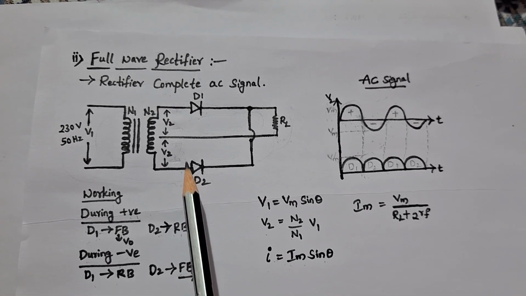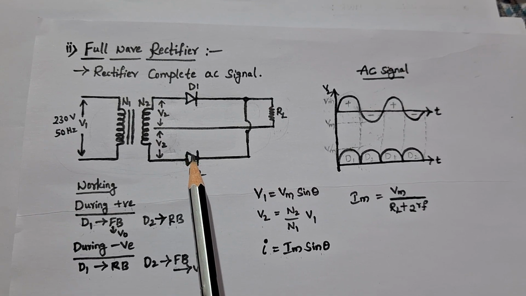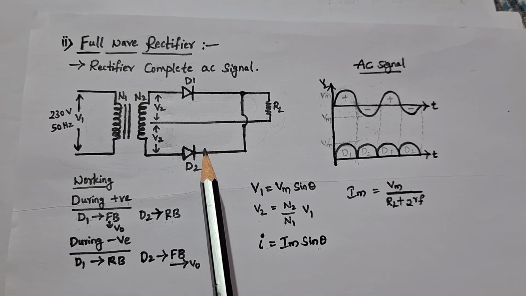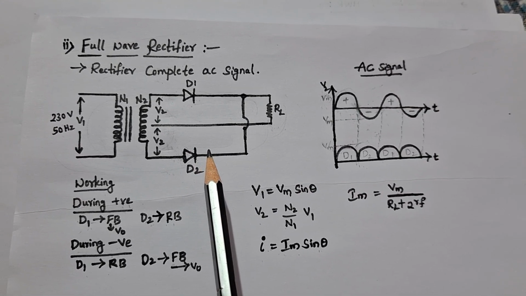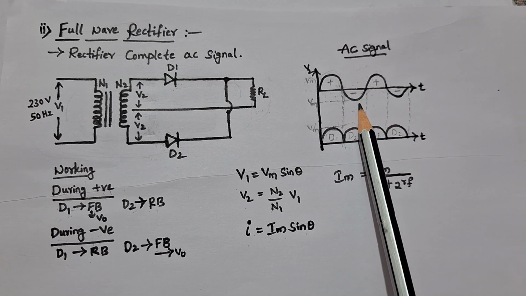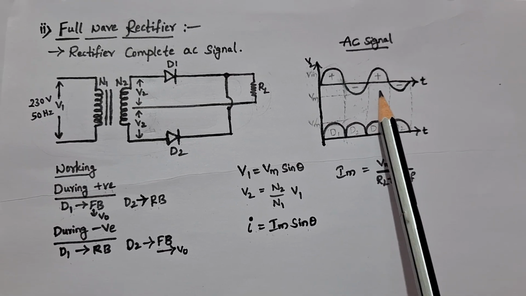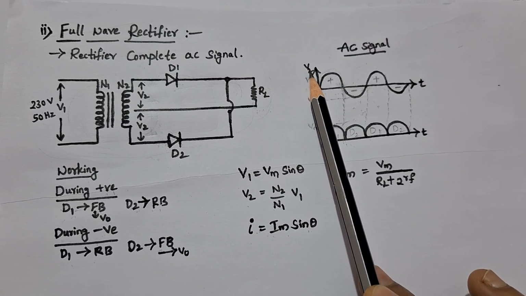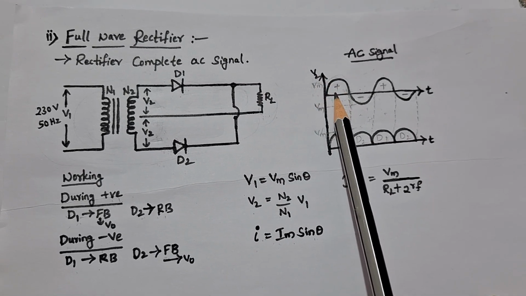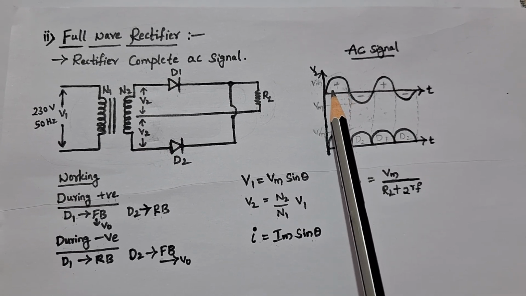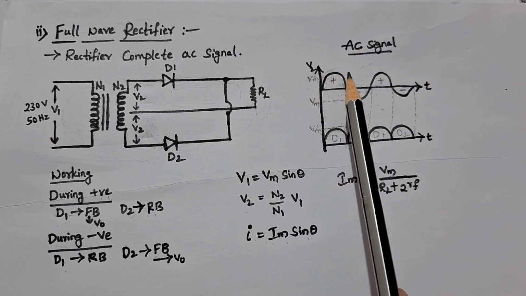Now let us see the working of a full wave rectifier. To understand the working of a full wave rectifier, we will consider an AC signal. Let us see here, this is an AC signal which is V2, the input to the rectifier.